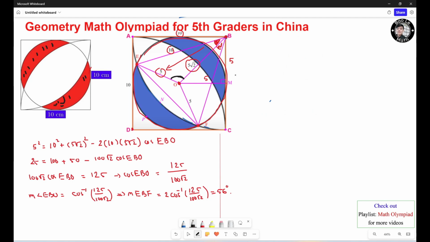Basically, we apply the law of cosine to triangle EOB.